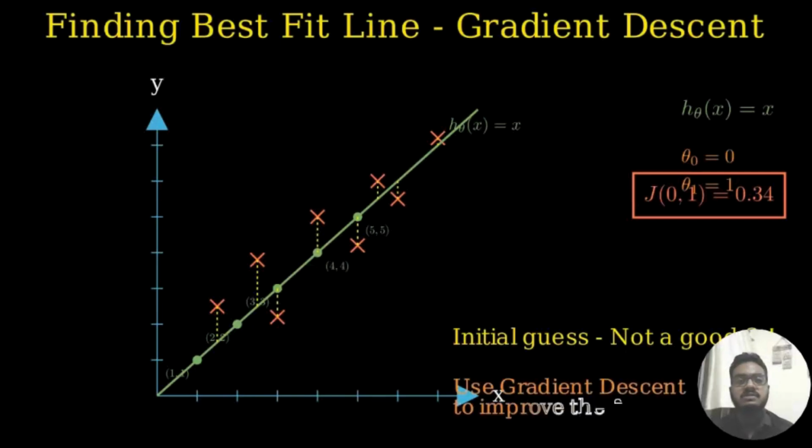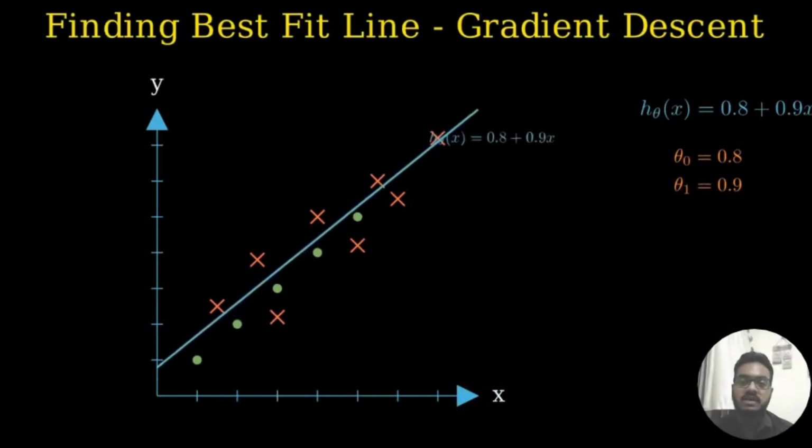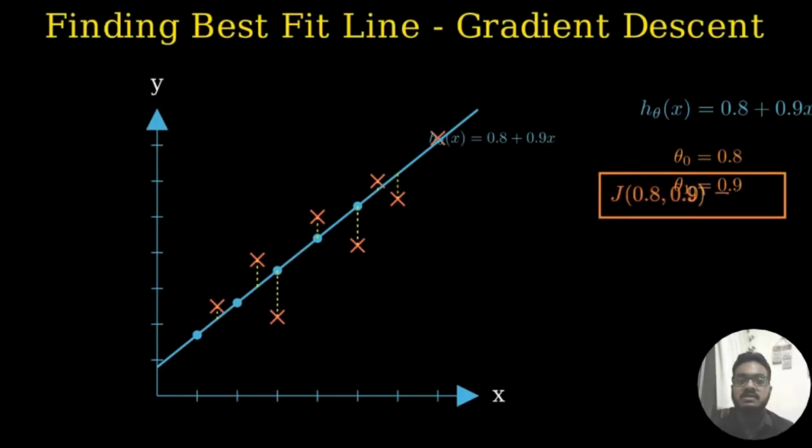Now, let us change the values of theta 0 and theta 1 further. We have taken theta 0 as 0.8 and theta 1 as 0.9. And again, we do the same thing, find the distances between the actual and predicted points. We get the value of the cost function as 0.28, which is lower than the first iteration value.